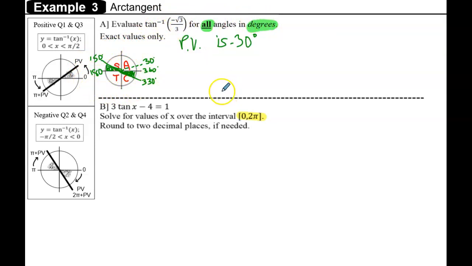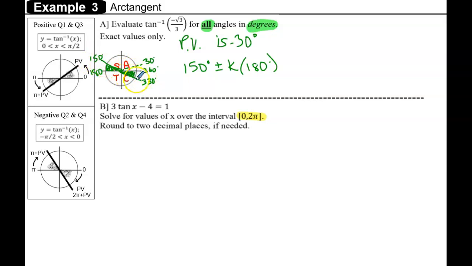And then when we go to represent our angles, for all angles in degrees for which the arctangent is negative root 3 over 3, we find the first positive or non-negative angle, which is 150 degrees. That's our quadrant 2 angle. And then that's plus or minus k times the period of tangent, which is 180 degrees. So if I start at 150 and I add 180, see how I get to 330.